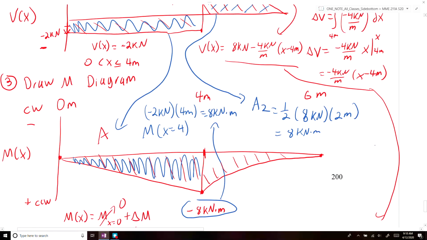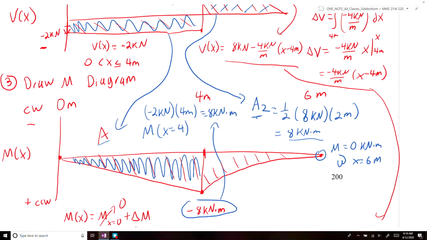So if you add 8 kilonewton meters to minus 8 kilonewton meters, you get our total result, which is a moment of 0 kilonewton meters at x equals 6 meters. So you can use the areas underneath the shear diagrams to help you draw your moment diagrams. The only thing is that these will not account for any couple moments in your system.